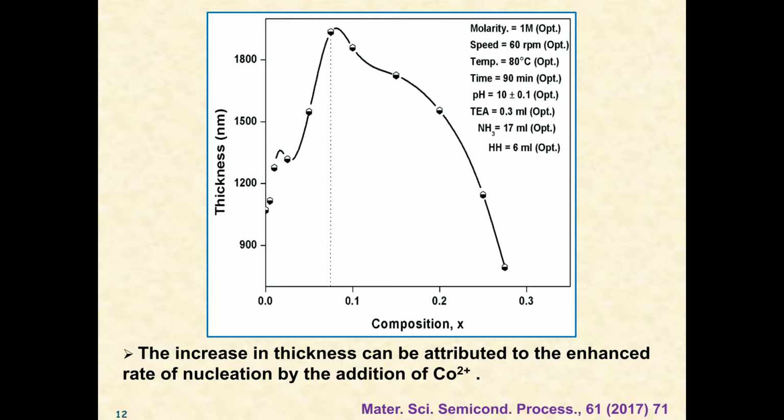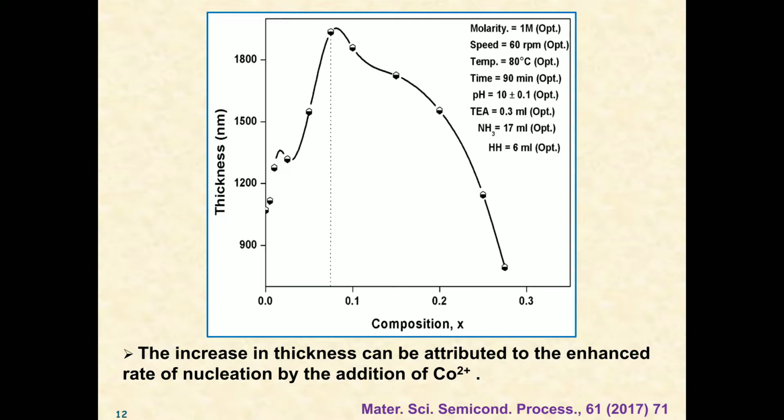The influence of Co2+ concentration addition on the film growth was examined for the whole range of the samples, 0 less than or equal to x less than or equal to 0.275. The terminal layer thickness was measured for each of the samples.